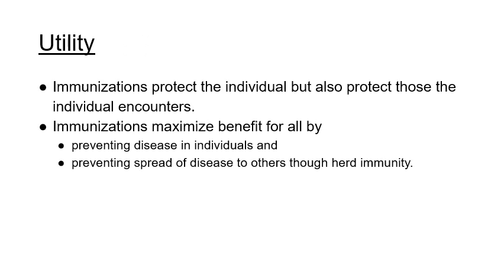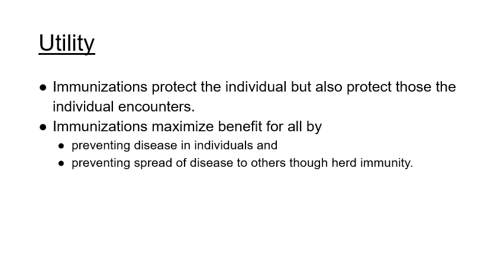In this case, it's important to consider utility. Remember that the principle of utility is trying to achieve the maximum benefit for the most number of people. Immunizations protect the individual, but also protect those the individual encounters.